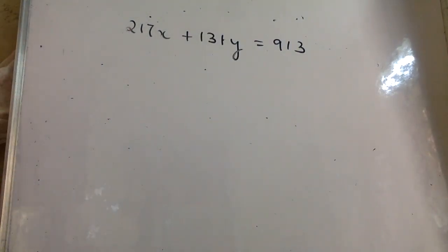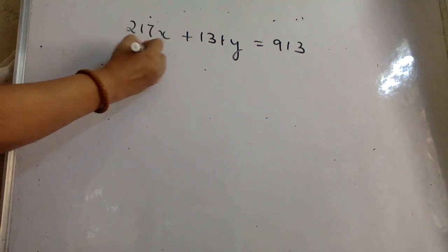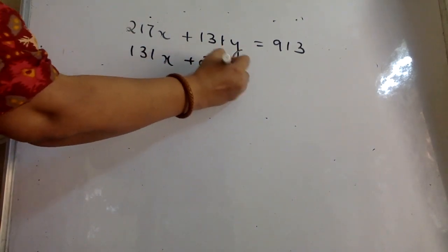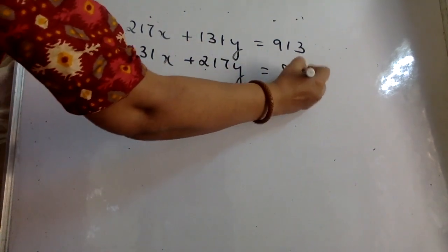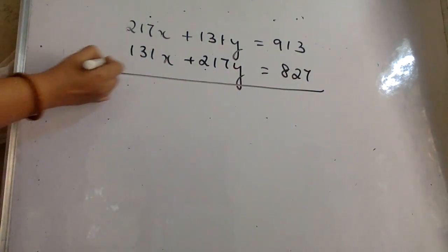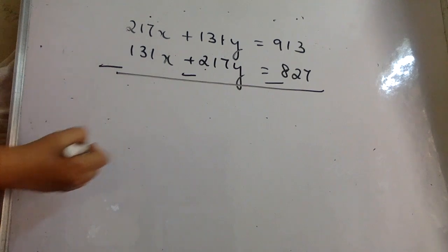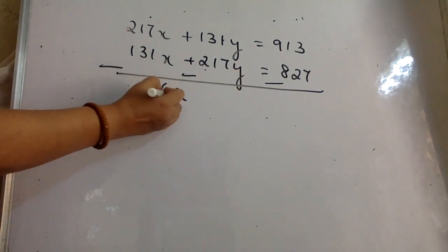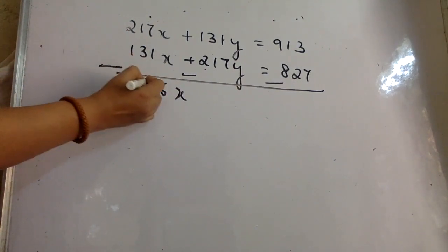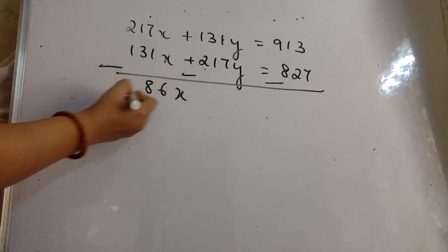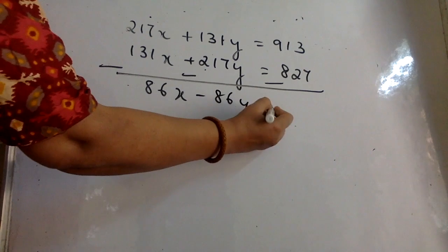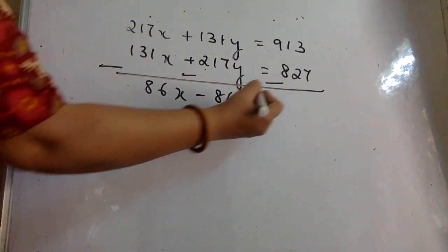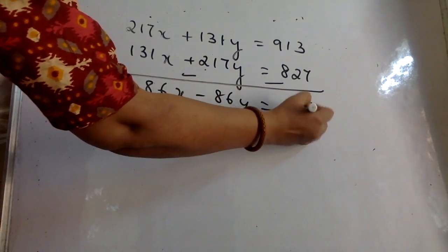And the next equation is 131x plus 217y is equal to 827. Now I am going to subtract. So change in sign. X written here 86x, and minus 86y, which is equal to, if I subtract here, I get a 86.